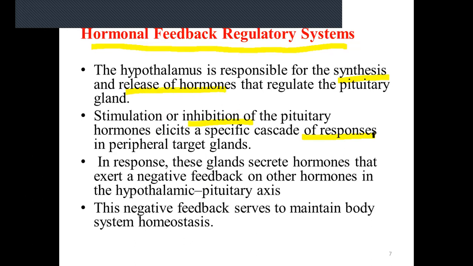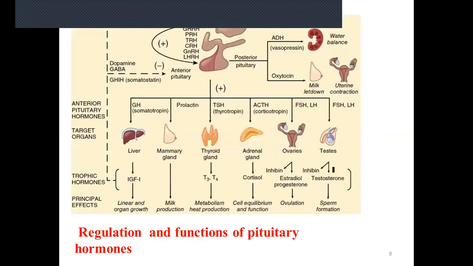Depending on the level of secretion, the hypothalamus will stimulate or inhibit the release of pituitary hormone. That is the role of the negative feedback mechanism. Generally speaking, the gland secretes the hormone that exerts negative feedback on the hypothalamus-pituitary axis. This is ultimately important to maintain body homeostasis.